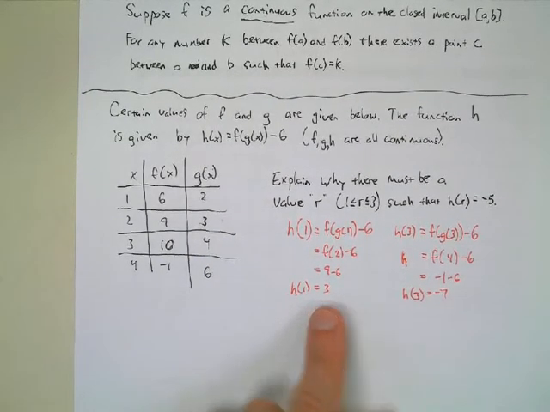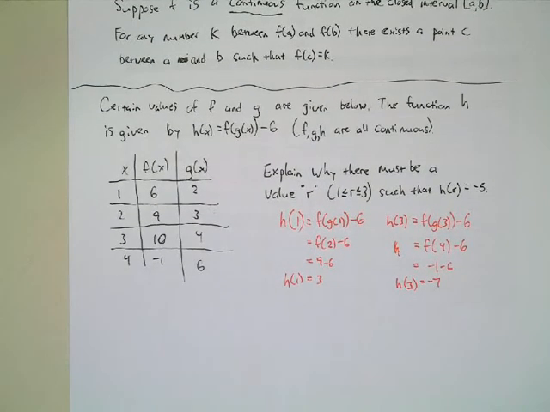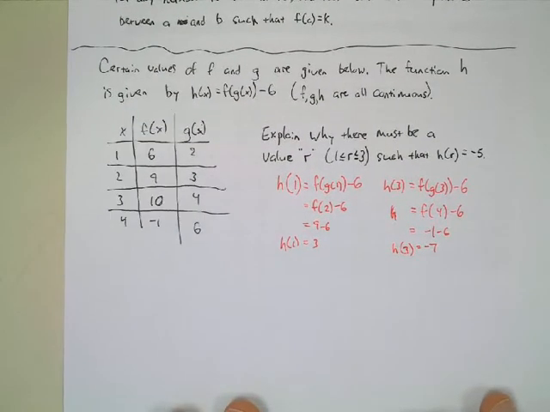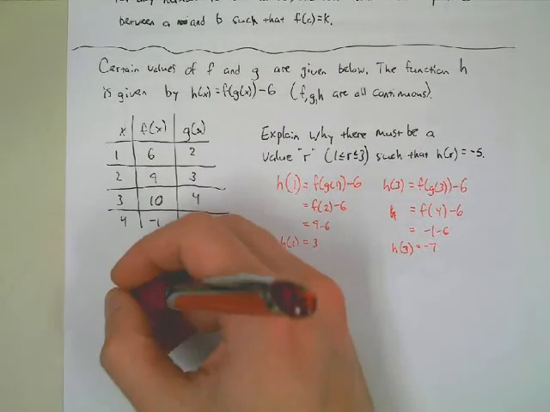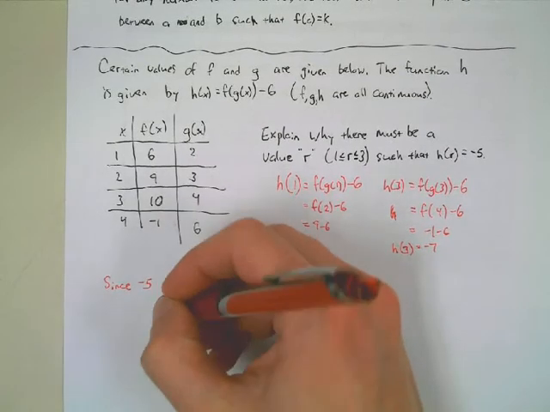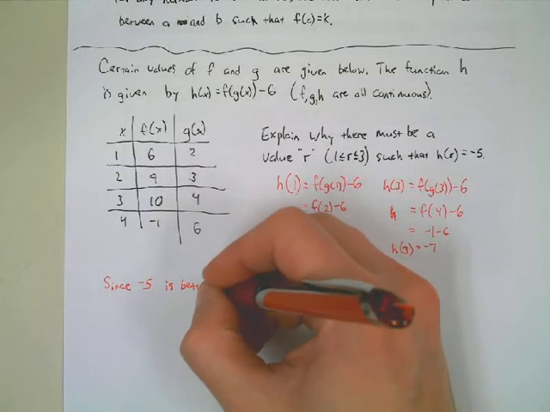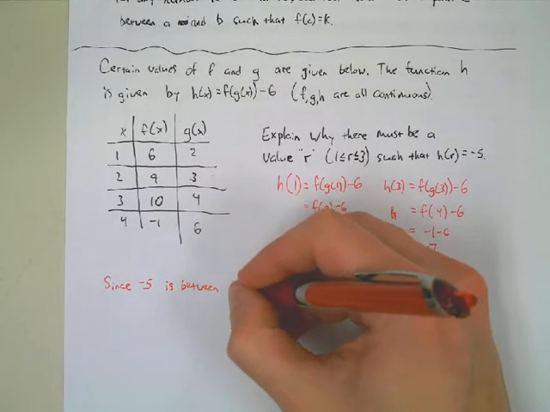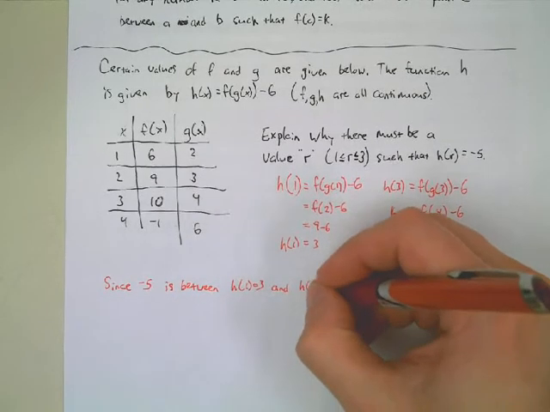This is something we're going to have to practice as well, because there are times when we answer free response questions and we need to write a little sentence as an explanation for our justification. So here's what I think is a good explanation. Since -5 is between h of 1 equal to 3 and h of 3 equal to -7, and then in parentheses, f, g, and h are continuous.